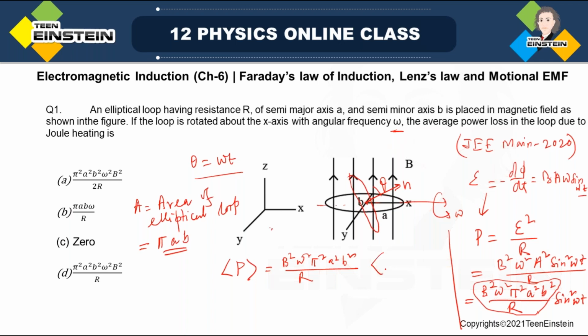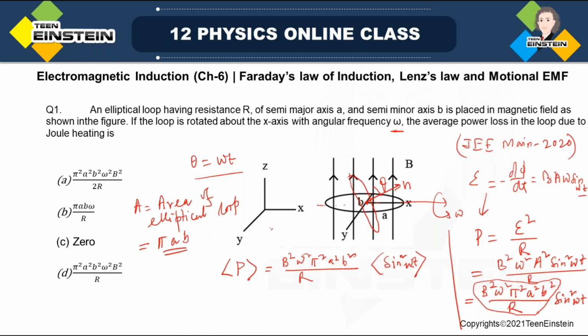The only thing is that we have to take the time average of sine square omega t over the full time period. What will be the value of this sine square or cos square? I have been telling, the average of sine square or cos square omega t will be half.